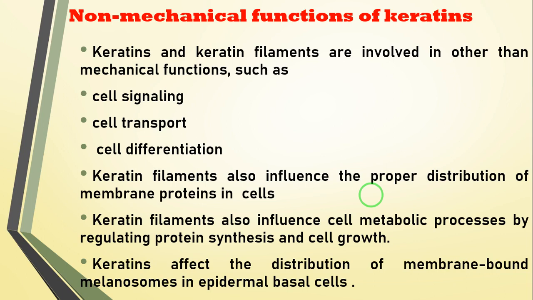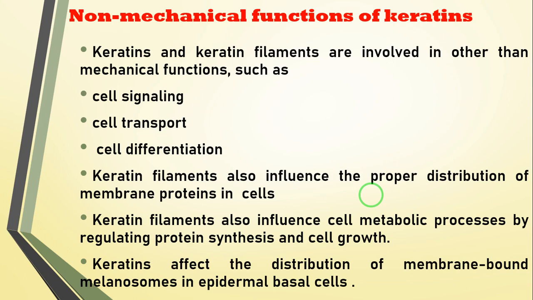So the keratin has mechanical and non-mechanical functions, and the non-mechanical function is through affecting the signaling inside the cell, the transport of material through the cell, the differentiation of the cell, and it also affects metabolic processes.